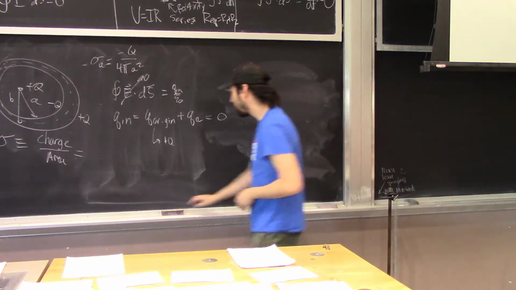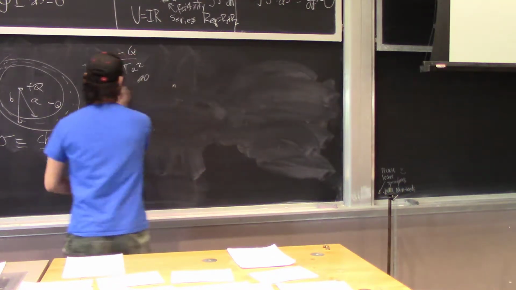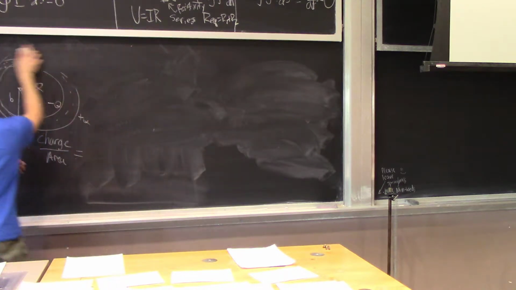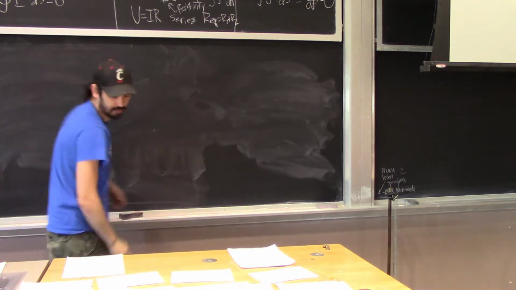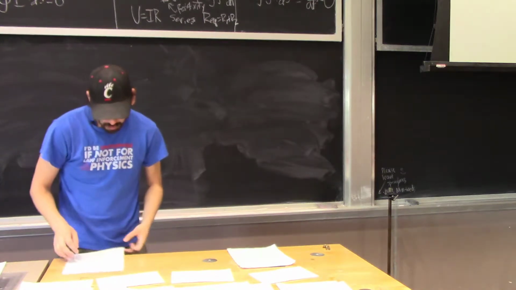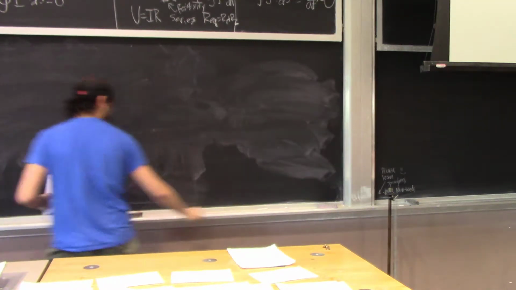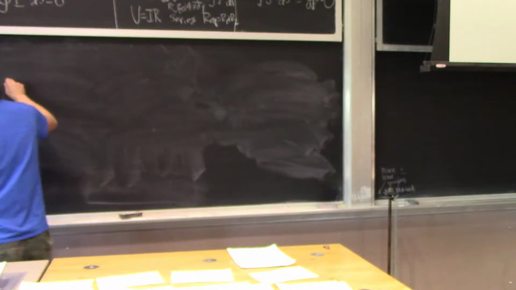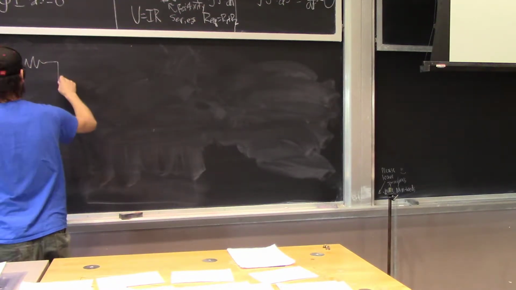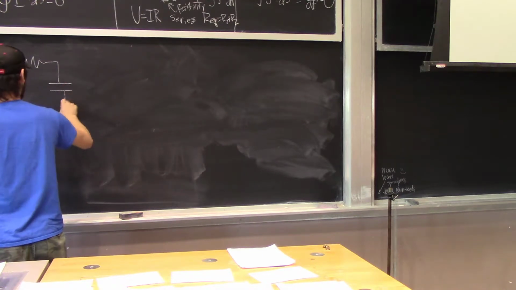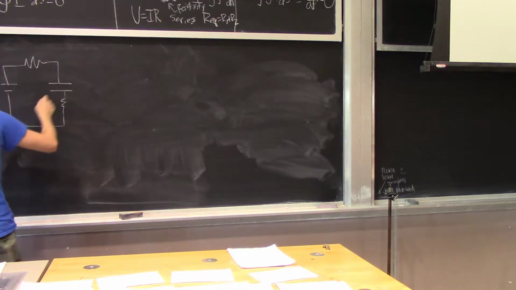Okay, so let's go ahead and look at these circuits. I don't want to spend too much time on them, but I'll set up the equations for them. I won't solve them explicitly. So the first circuit was something that looked like this.